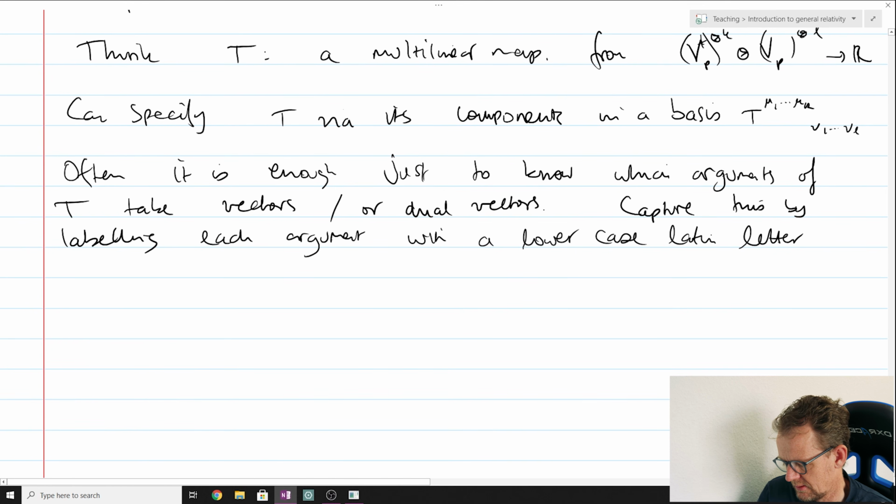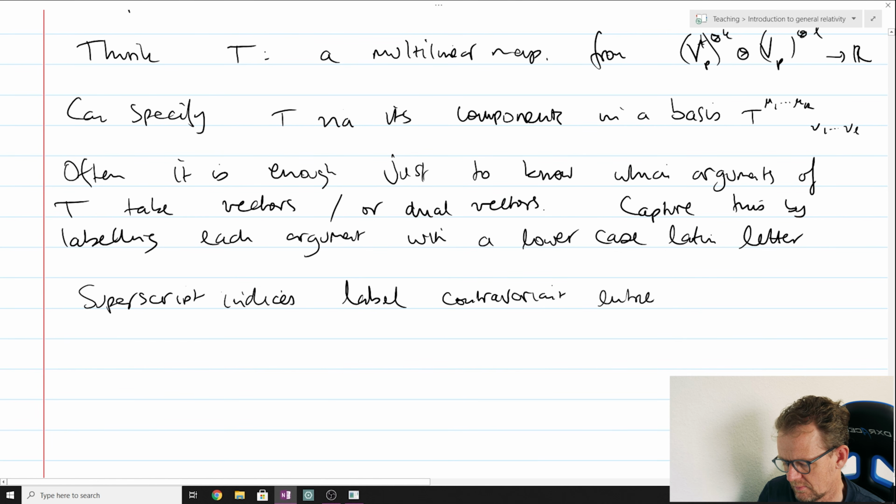So what we're going to do is label the arguments: superscript indices label contravariant entries, and subscript indices label covariant entries.